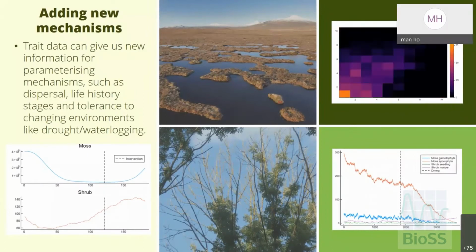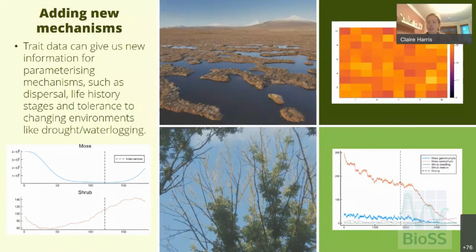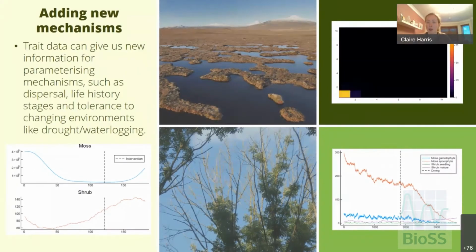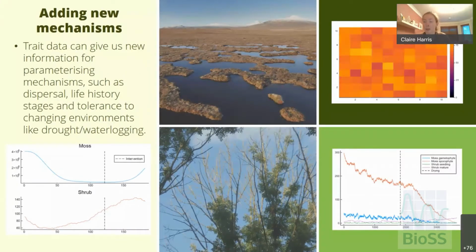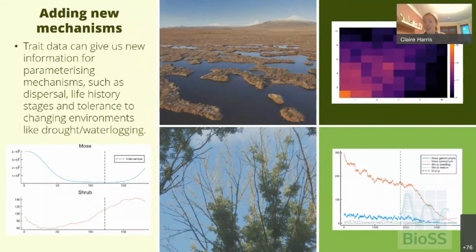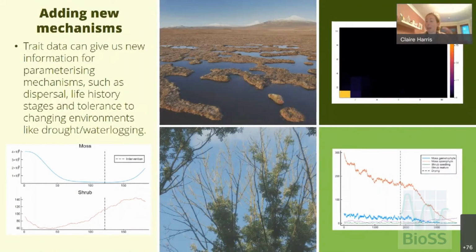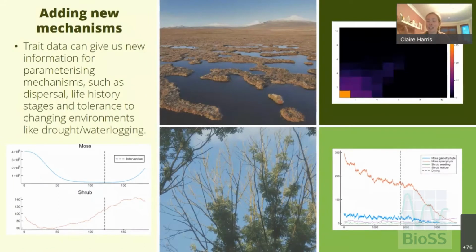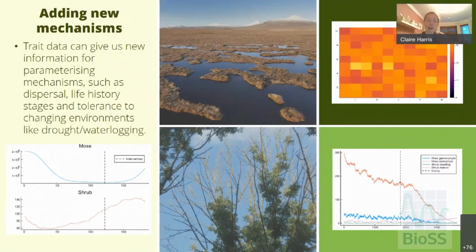And we can start to incorporate these different pieces of information together. So just in the top right is a little GIF of a wind dispersal kernel that takes into account what the wind speed is currently, how tall the plant is compared to the rest of the plants around it, and information on the seed itself and how far it's likely to be carried.